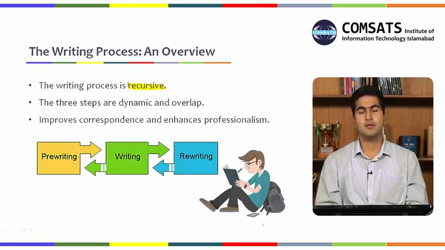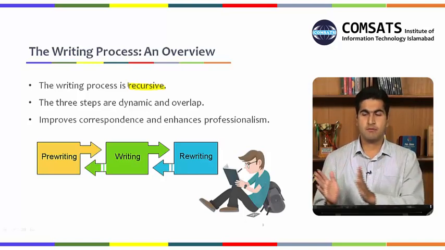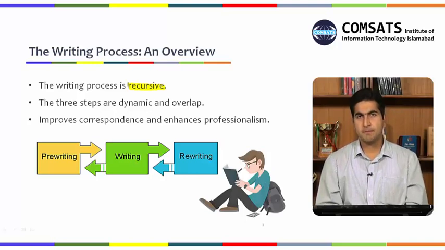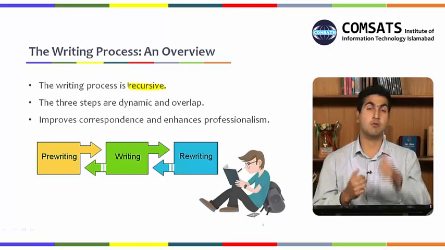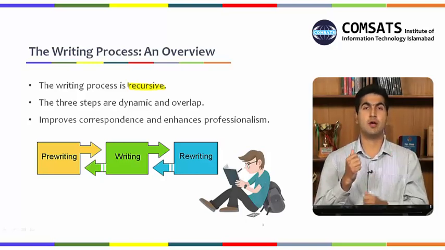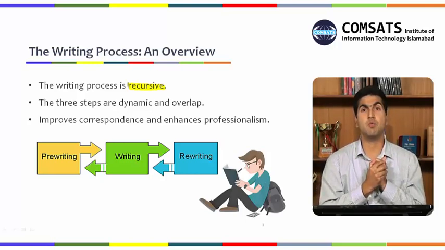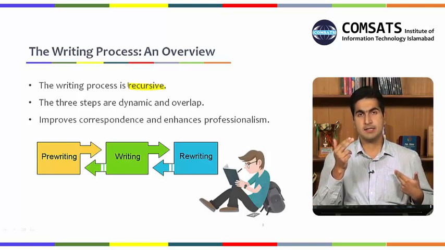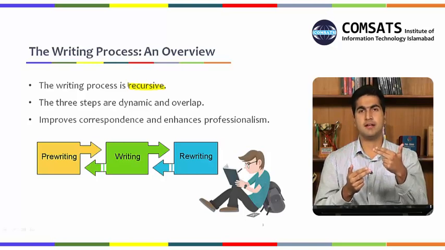So of course, this writing process becomes recursive. That is one way of looking at this word. Another way is that when the writing process begins, there are different occasions in which you have to revert back. On one hand, you have to revert back towards stage 1, and even once the pre-writing is complete, you will start writing again.